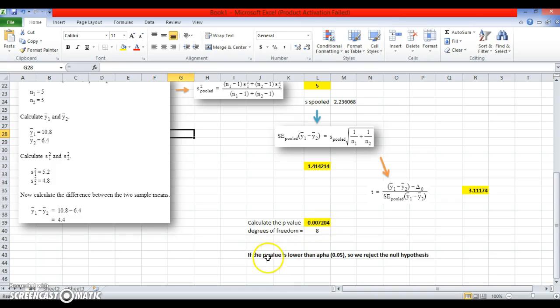Then after that, if the p-value is lower than alpha, we reject the null. So based on this, is 0.007 greater than or less than 0.05? Sometimes visually you'll have a high number, like this could be 8, and you think that this might be a larger number based on a value somewhere within it, even in decimal places.